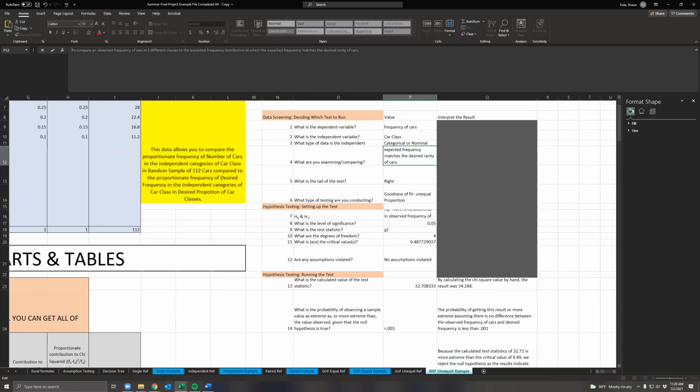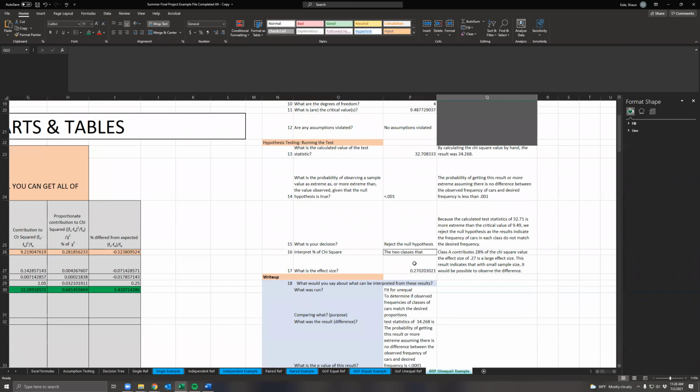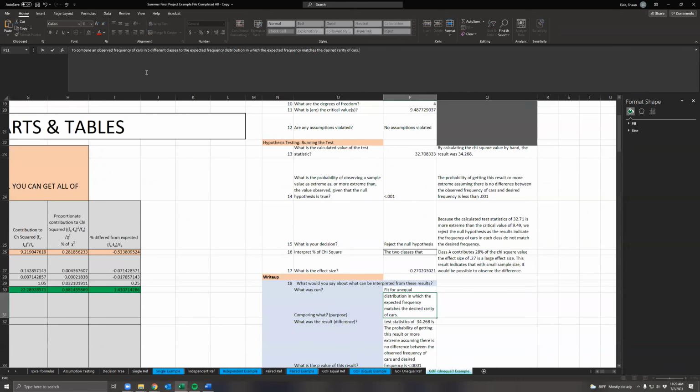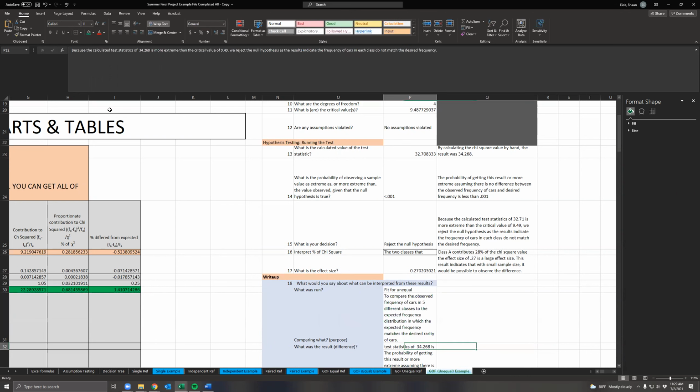There we go. Come down here and say, to compare the observed frequencies of cars in 5 different classes to the expected frequency distribution in which the expected frequency matches the desired rarity of cars.